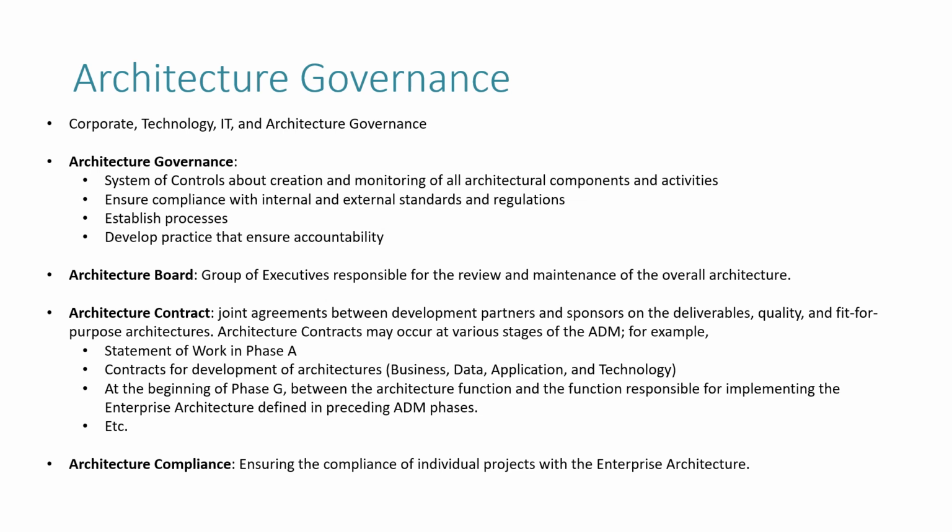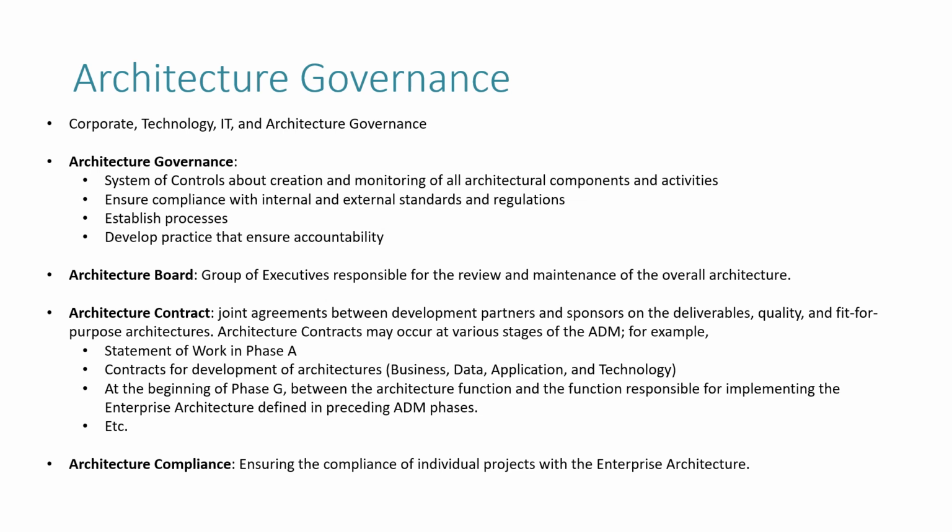It includes implementing a system of controls over the creation and monitoring activities of all the architecture components, and to ensure the effective introduction, implementation, and evolution of the architecture within the organization. It also includes implementing a system to ensure compliance with internal and external standards and regulatory obligations.